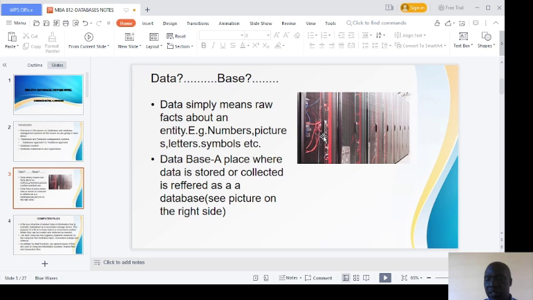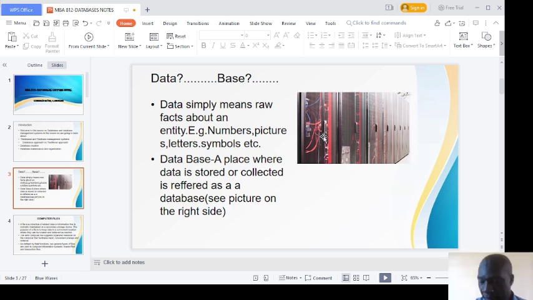Now, when these raw facts are processed, we get information. This information normally is stored in files, and files again are collected together and stored in a database. Therefore, data are unorganized, data are unprocessed, data are raw facts, while information is processed data.